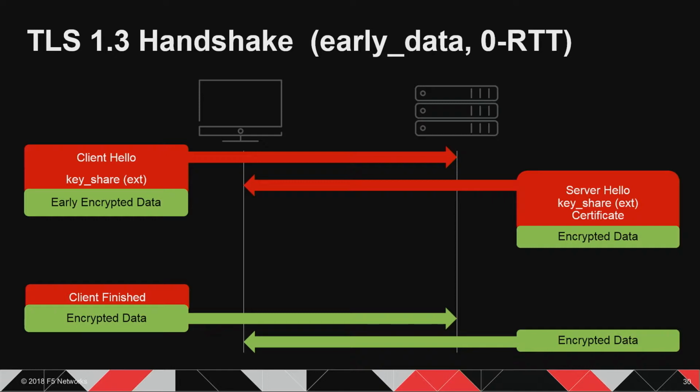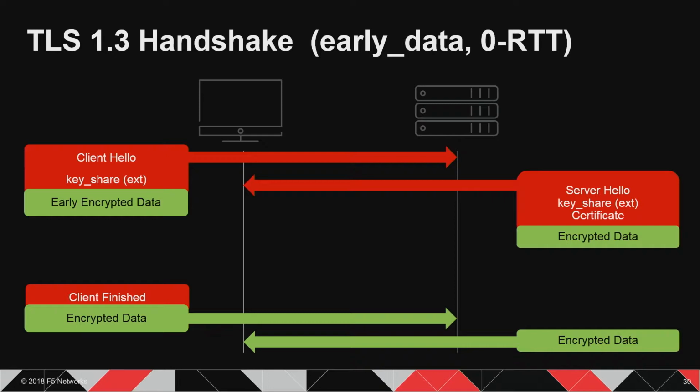The other big change that I mentioned for TLS1.3 is this idea of 0 RTT, where you have 0 round trip time to start sending encrypted data. You basically use this as a new extension that you can put in the handshake called early encrypted data or early data.